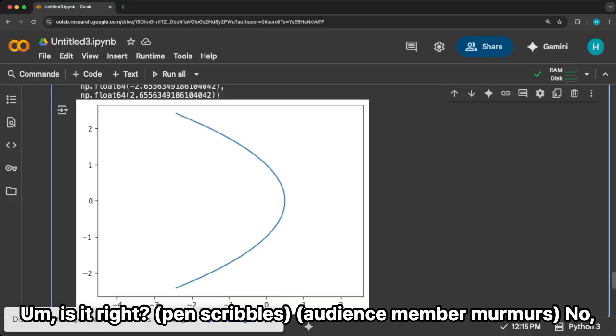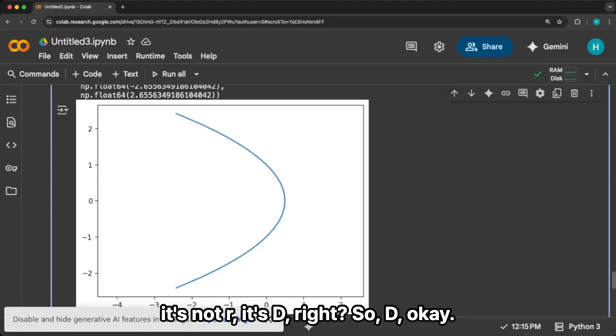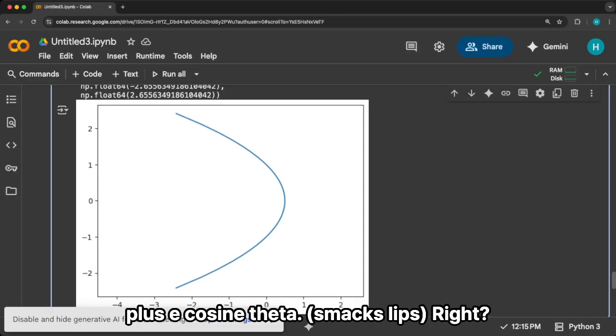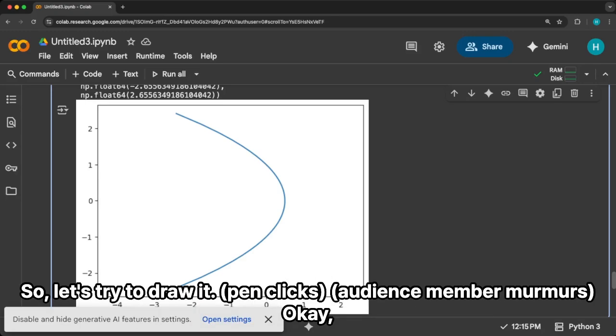Is it right? No, it's not R, it's D, right? So D, okay, so DE here. So R is DE over 1 plus E cosine theta, right?